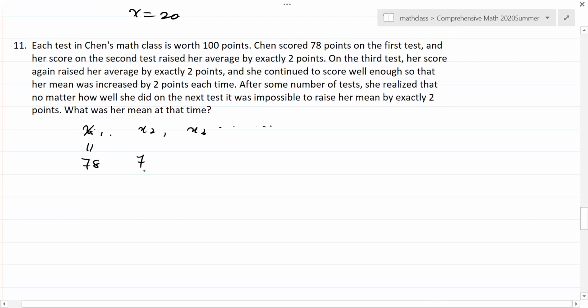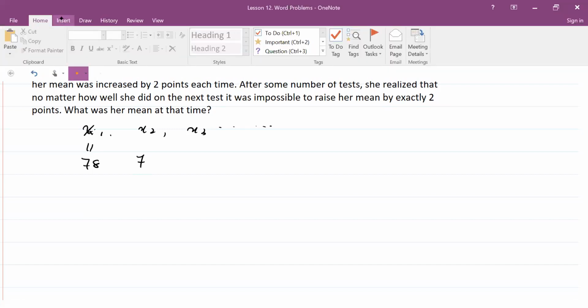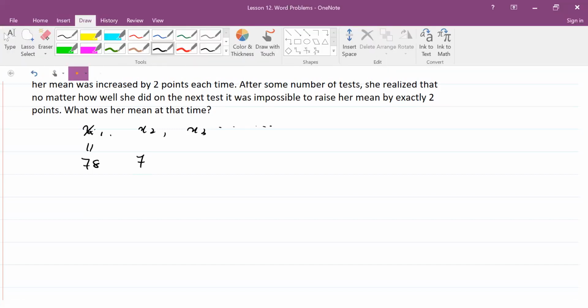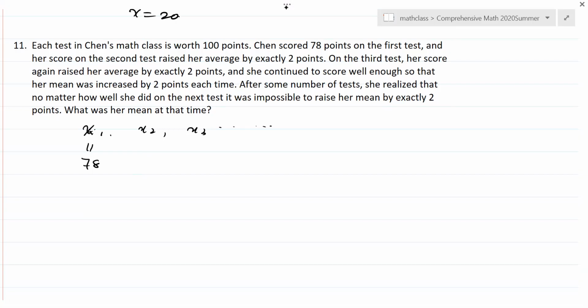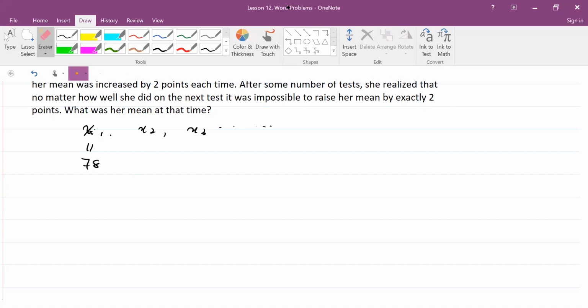But what we know is that if the score only increases by 2 points, the average is not increased by 2 points, okay? What we know is the k-th test.